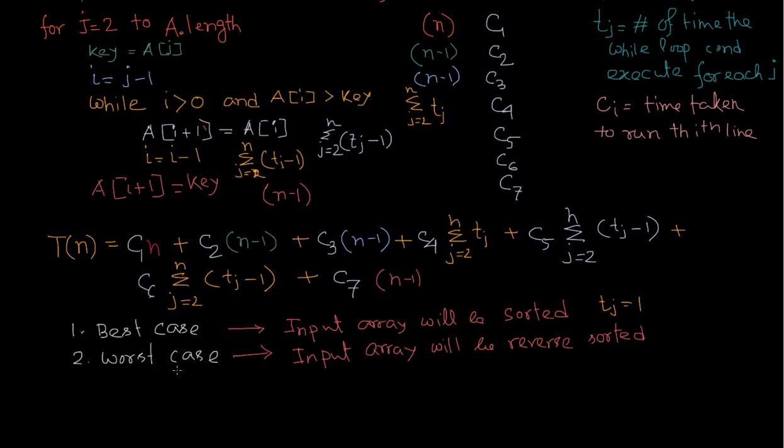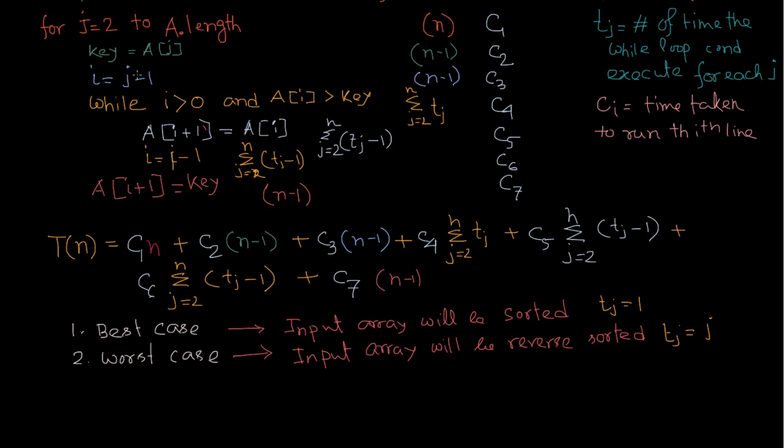And what will happen in the worst case scenario? For each and every j, the while loop will run for all the values, that means these i values over here. Here I have written the i, sorry, this is i only.